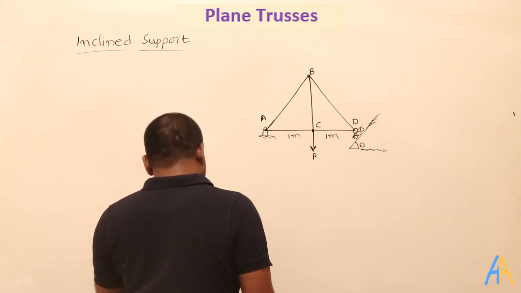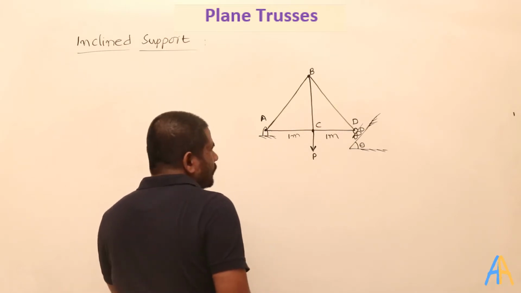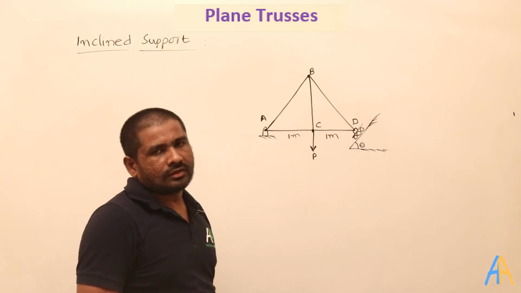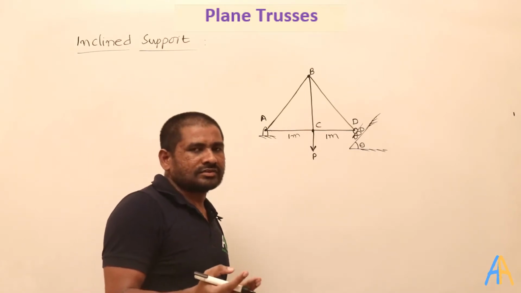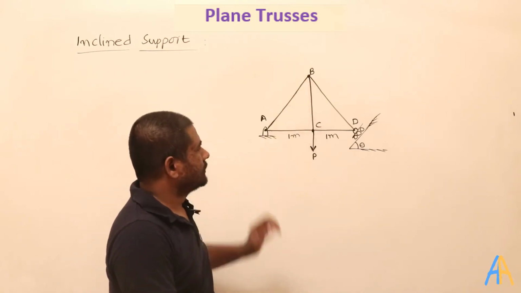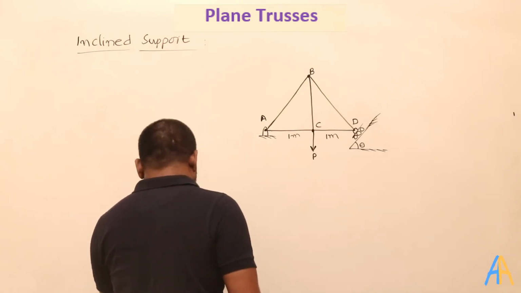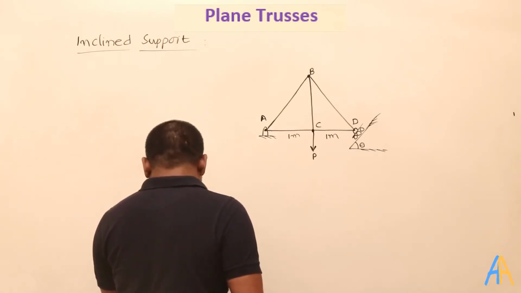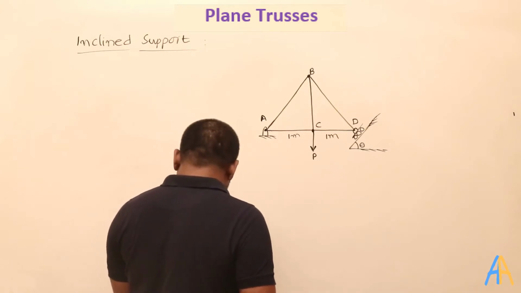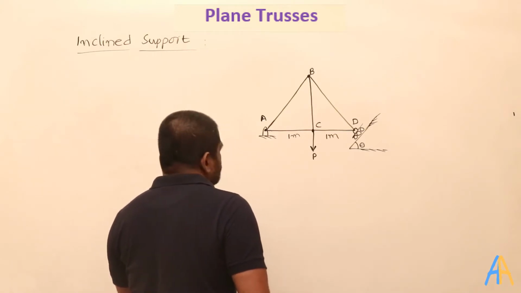Then I want to find out how much tension is produced in each bar here. How will you find that out? First of all you need to find the reactionary forces. Why?